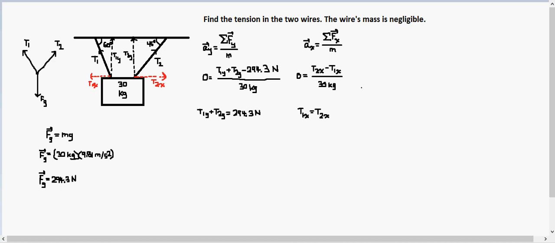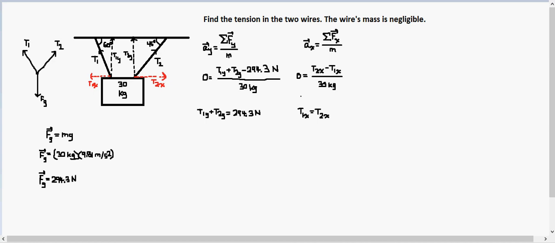Alright, so now we're at a problem. Why? Because we have two variables here, and two completely different variables there, so no system there.